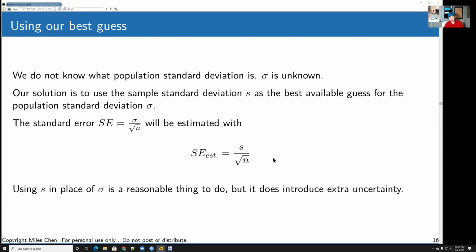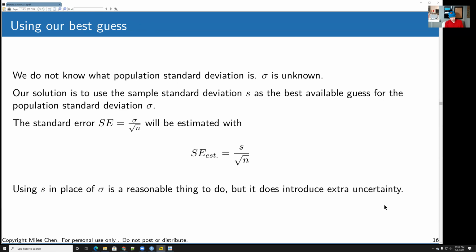But the problem is that it's going to introduce extra uncertainty. This is a completely reasonable thing to do, right? If you don't know the exact value of something, it's reasonable to take an educated guess.